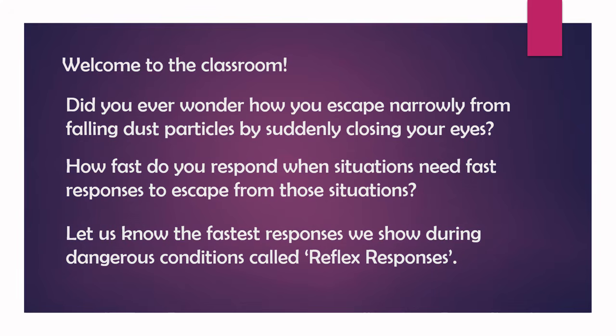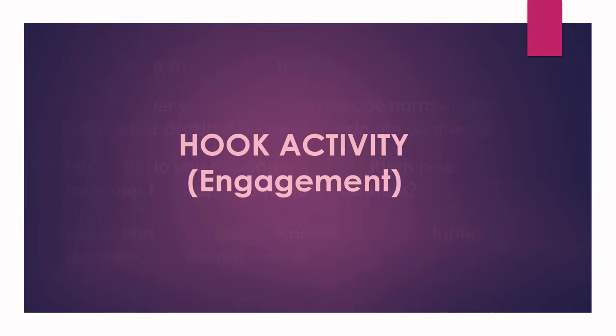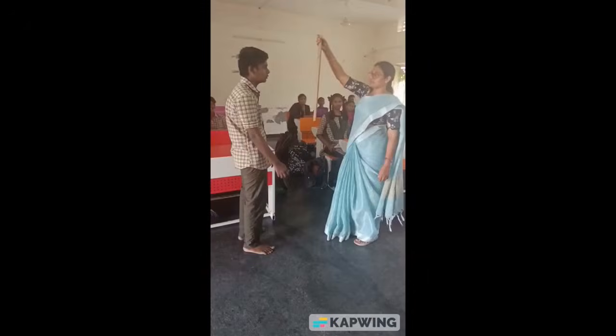Now coming to the hook activity. Hook activity can engage the children in learning new things by connecting their day-to-day knowledge to the new knowledge. I used this video clip.